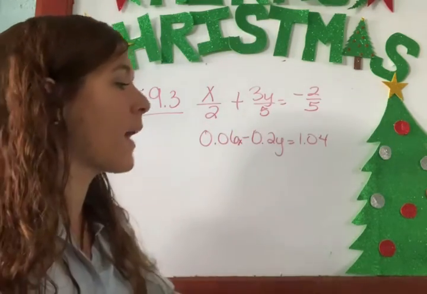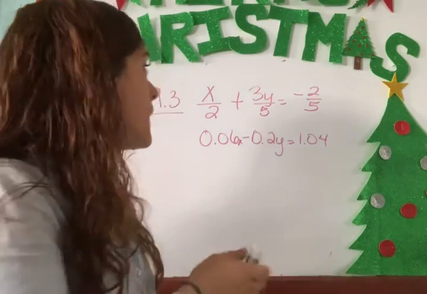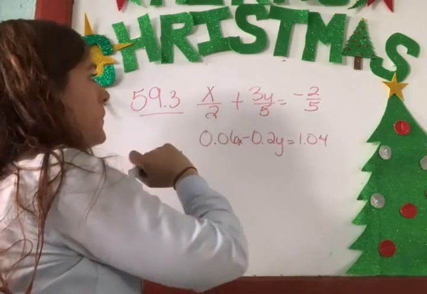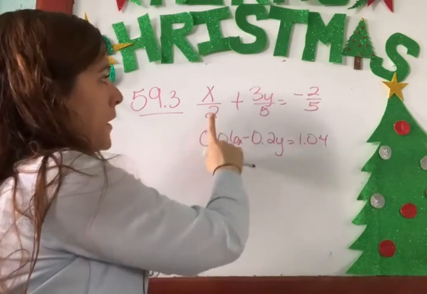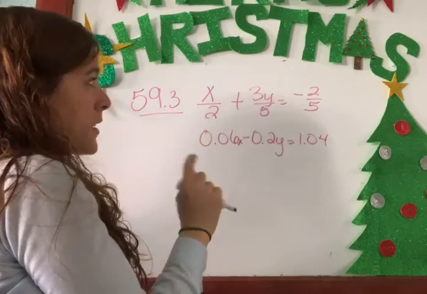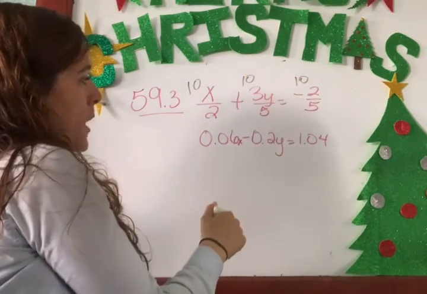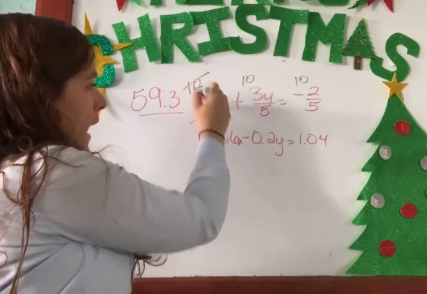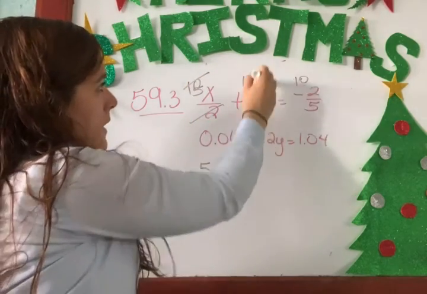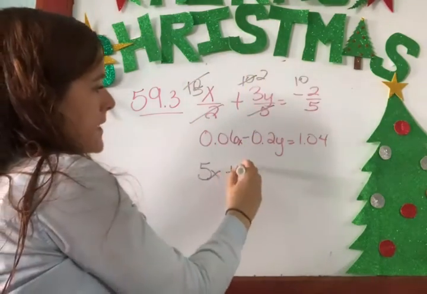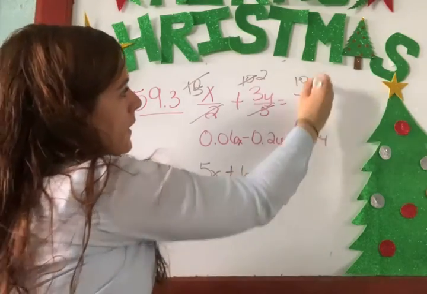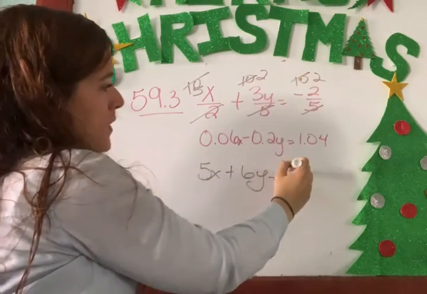So how are we going to do that? Well, on this part, the A one, I'm going to find the common denominator. The denominators are 2, 5, and 5, so the common denominator is going to be 10. I'm going to put that up here, 10, 10, 10. So down here I'm going to have 5x. This is 2 times 3y, which is 6y. And then 2 times -2 is -4.